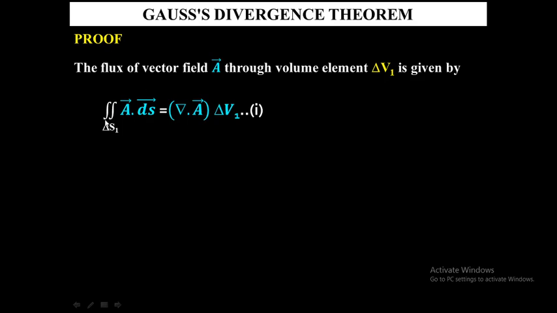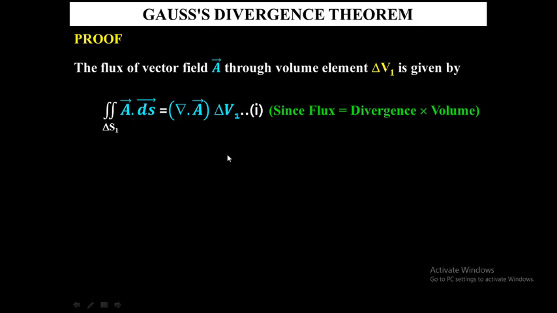This is equal to the divergence of the vector field times the small volume element, that is, the volume element having volume delta V1. So the flux is nothing but the divergence times the volume. This is for the volume element delta V1.